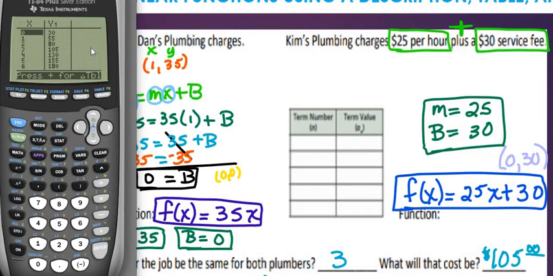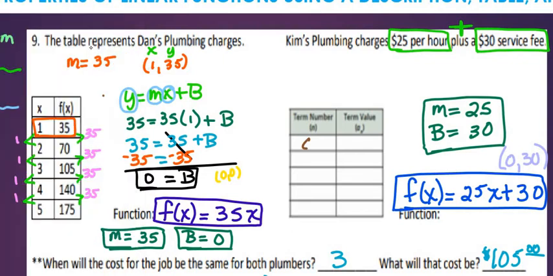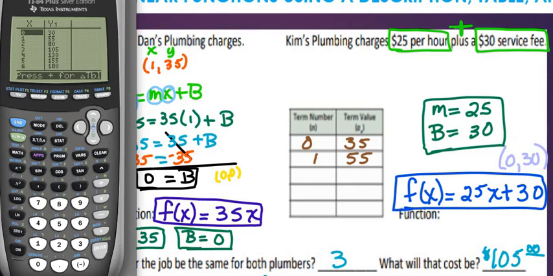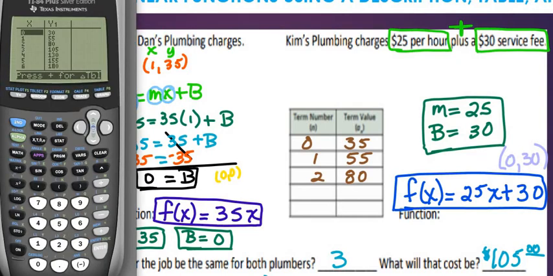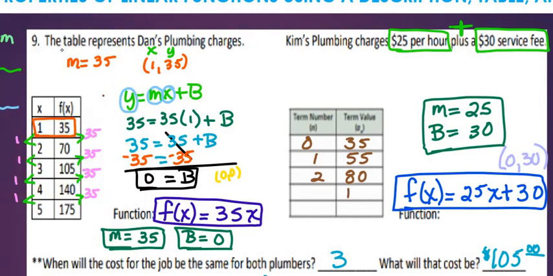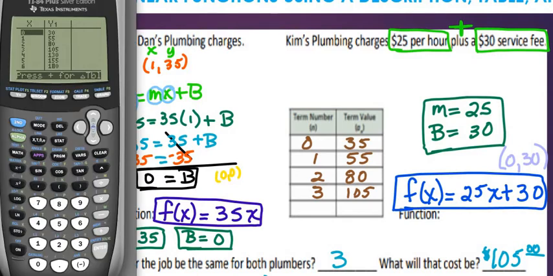I have 0, 30, 1, 55, 2, 80, 3 right here is 105, and then 4 is at 130.